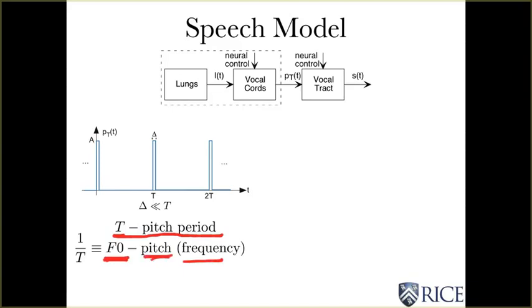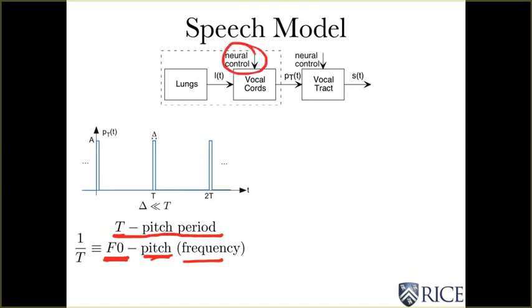And that's the pitch. So as you change the tension of your vocal cords, you can make your pitch go up or go down if you loosen it. And that's all, again, under neural control.